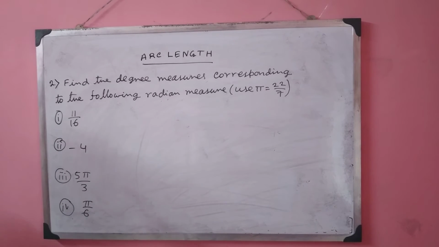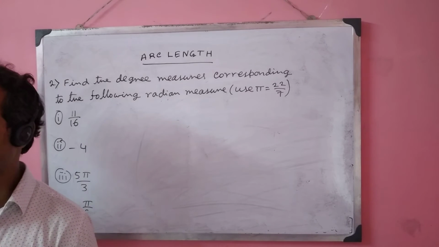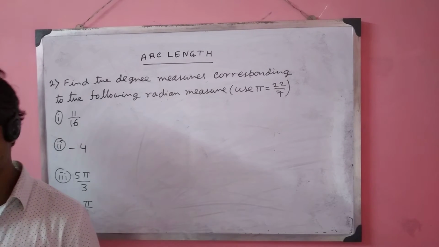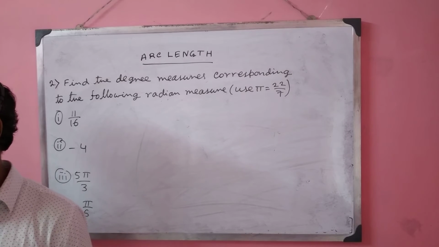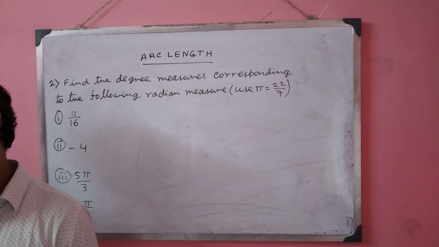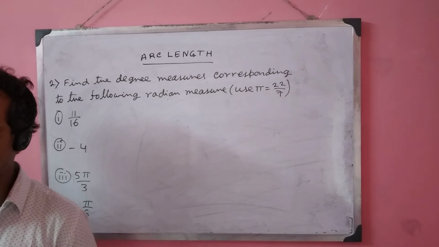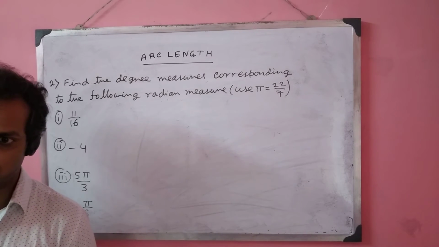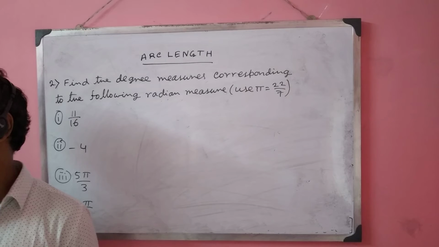Find the degree measures corresponding to the following radian measure. Use pi equal to 22/7. Actually, pi is not equal to 22/7, but sometimes we assume the value of pi is 22/7 for our calculation. Otherwise, pi is not equal to 22/7 because pi is an irrational number, but 22/7 is a rational number.